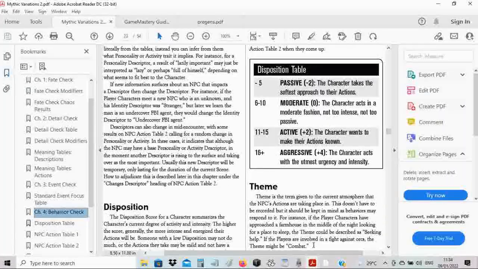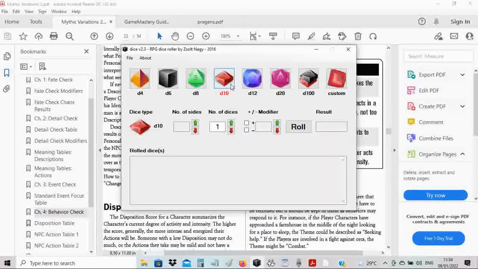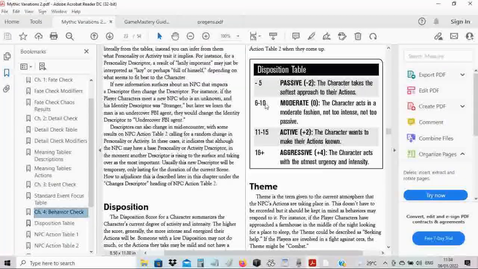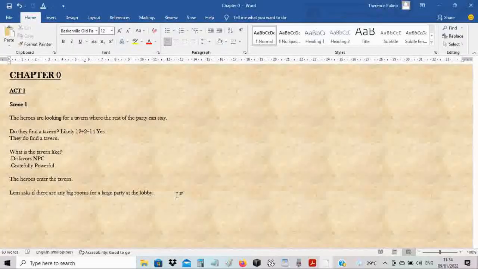So there's the shopkeeper or the innkeeper. 9. Moderate. The innkeeper sees the four as just another group of customers.